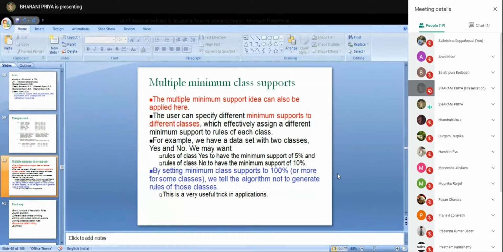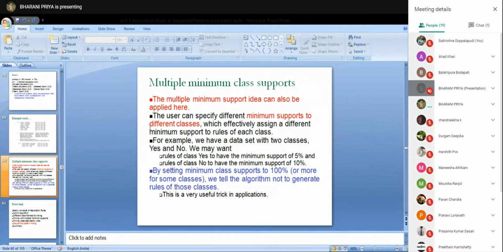And I want to find all the items that are associated with web mining. So the minimum support value of web mining should be less when compared to data mining.